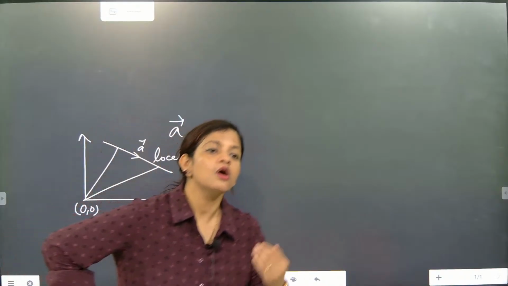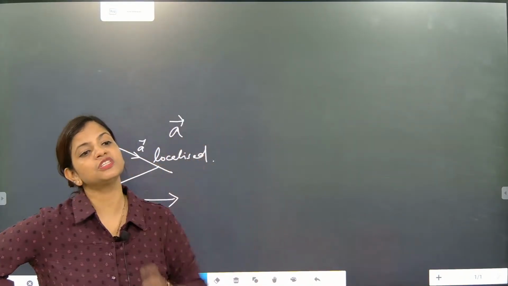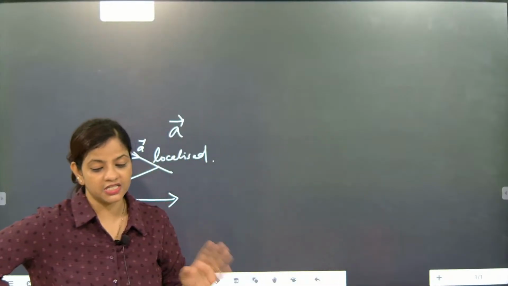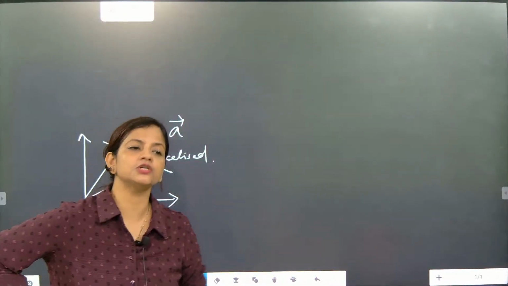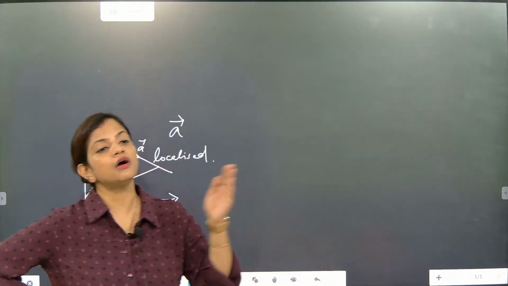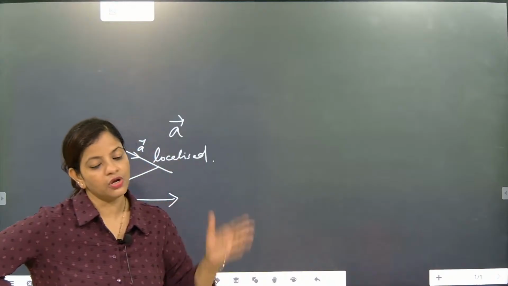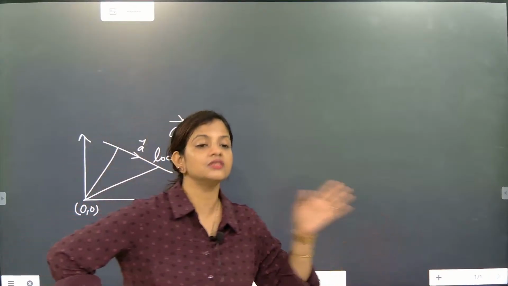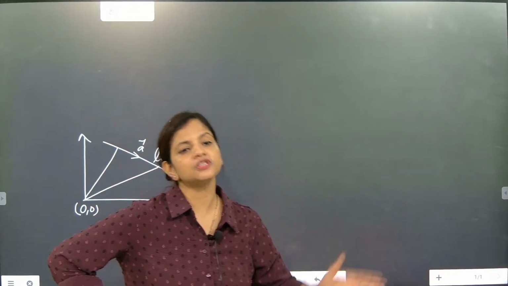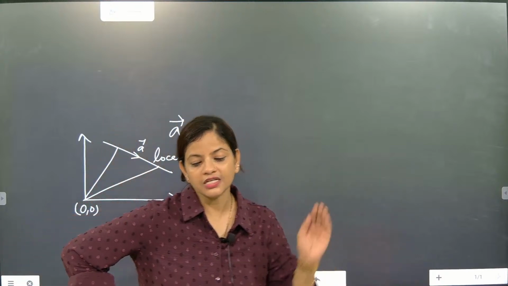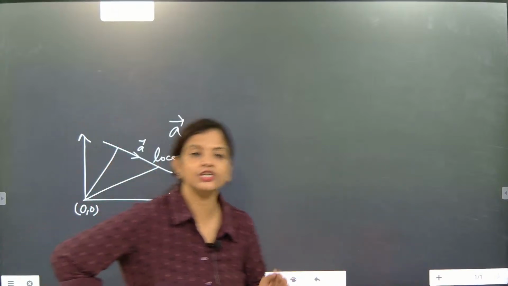That is possible. But one condition must be there: direction remains the same. Direction should not be changed. After multiplying by a number, we should not change the direction. The sense should be the same from the support side. So that is considered the magnitude part of it.